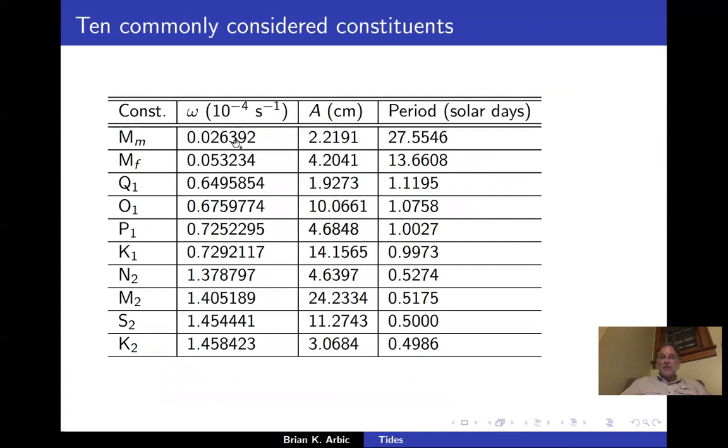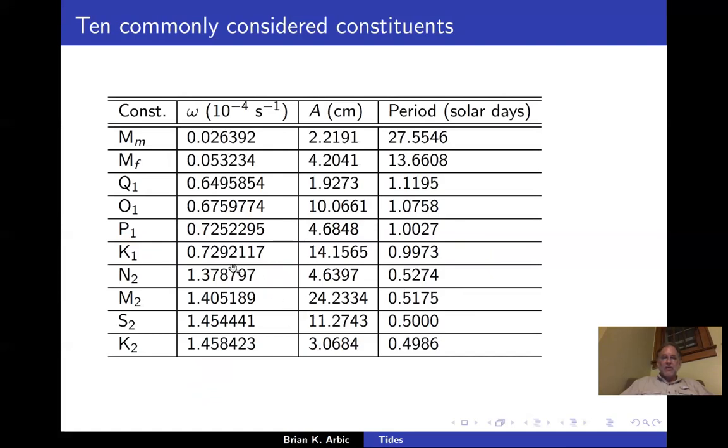For those tidal constituents that I listed before, here are the values of their frequency, amplitude in centimeters, and their periods. You see that the semidiurnal tides with a 2 have a period close to half a day, meaning 12 hours.